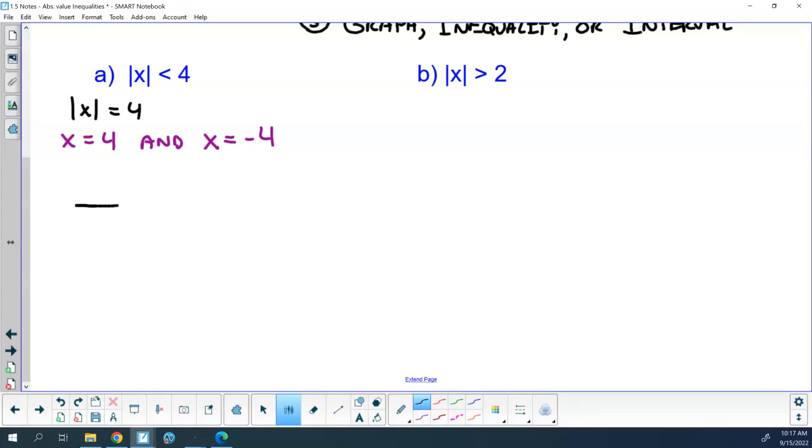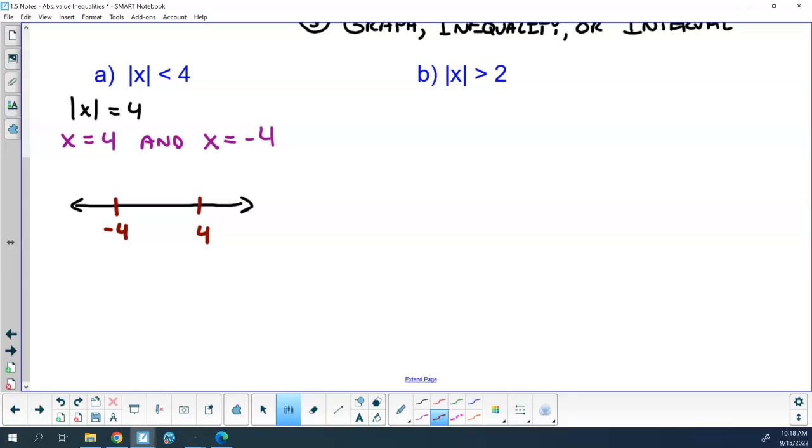So I would go to my number line, and I need negative 4 and positive 4. Those are my two numbers, but I forgot which way this one's going to go. So I'm going to pick a number.